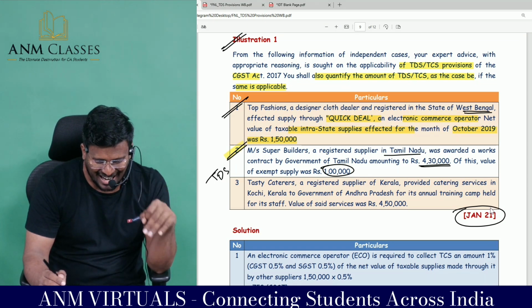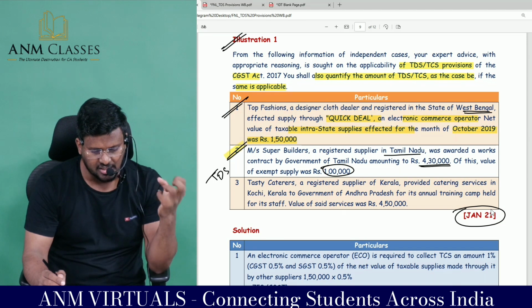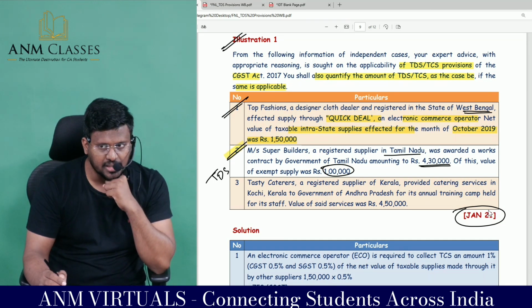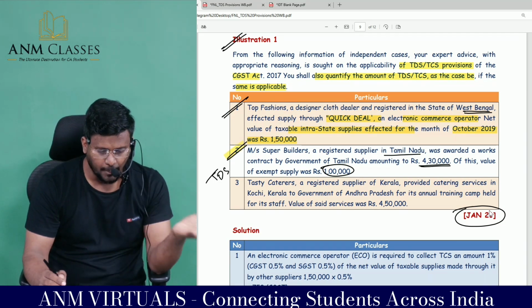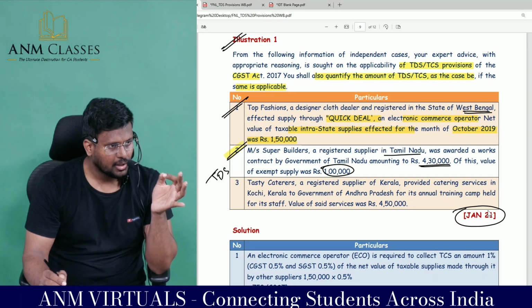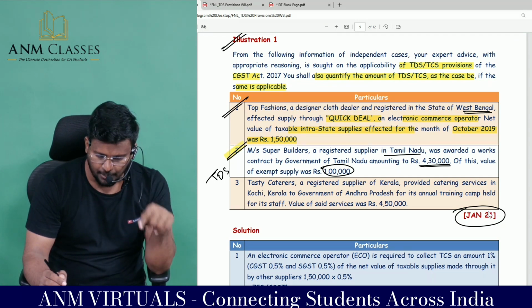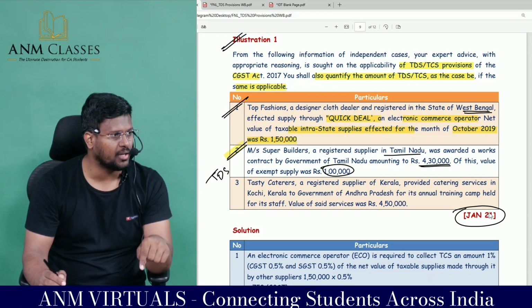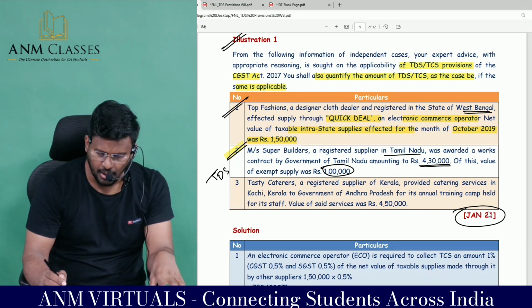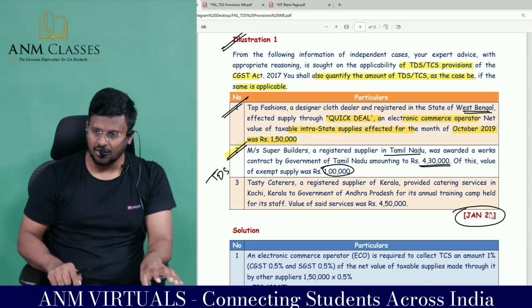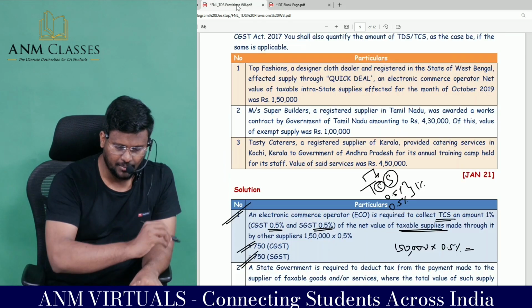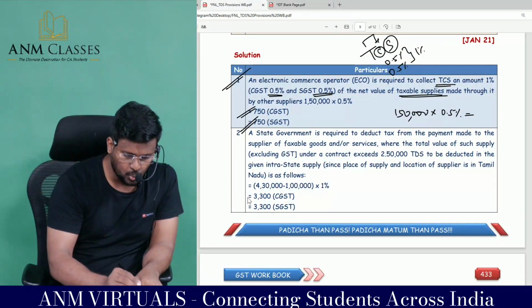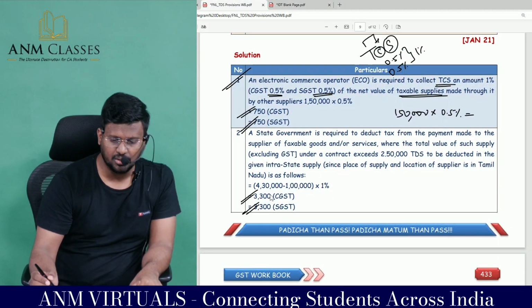Is this an intra-state supply or interstate supply? Intra-state supply, because both the supplier and the place of supply are situated in Tamil Nadu. So we have to check the exception. Sir, all the people are situated in Tamil Nadu, so the exception will not apply. So on this 3,30,000, 1% CGST, that means 3,300 CGST and 3,300 SGST.